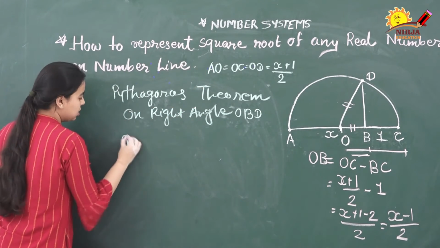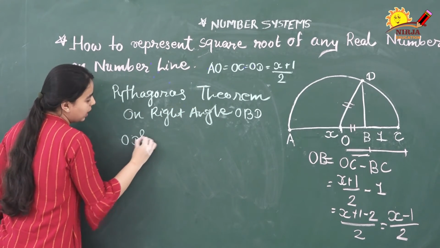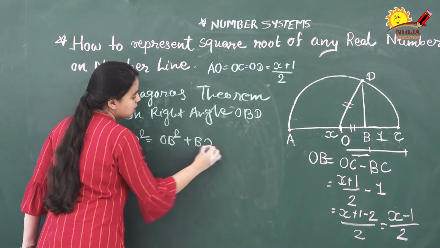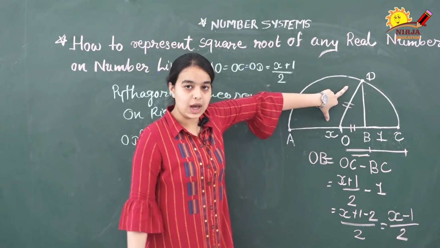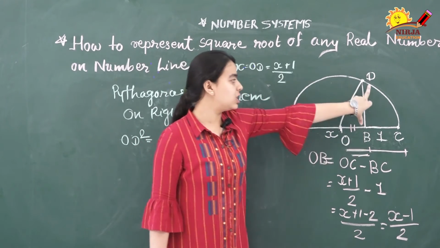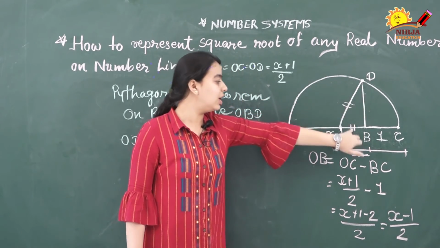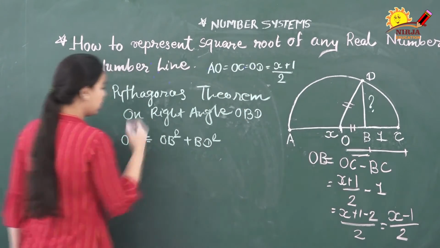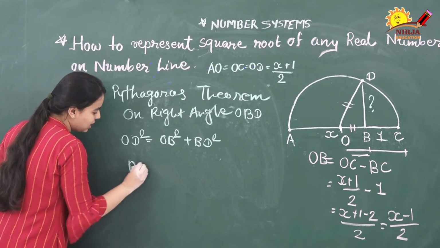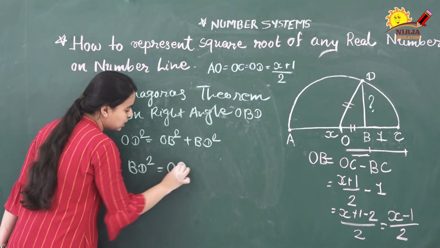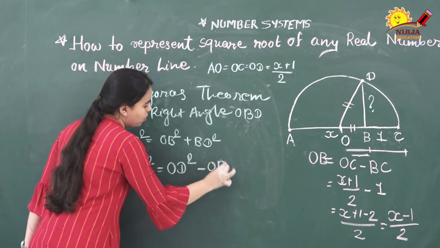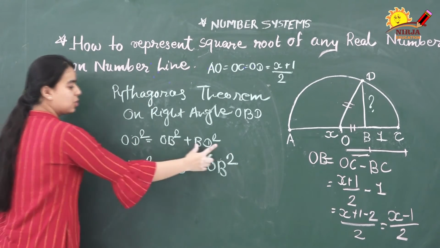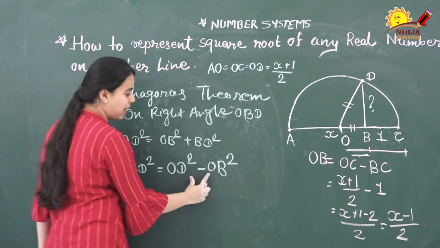I can write OD square is equal to OB square plus BD square. We already have the value of these two sides. We want to know the value of BD. So we can write BD square is equal to OD square minus OB square. I have taken OB square to this side, so it became minus.